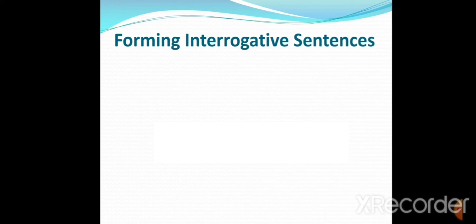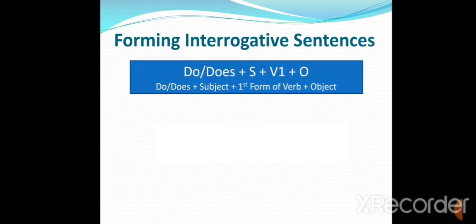So, that is why we have to use do or does in the beginning in this form, then subject, then first form of verb and then object. Let us look at its form. You can see do or does in the beginning plus subject plus first form of verb plus object.